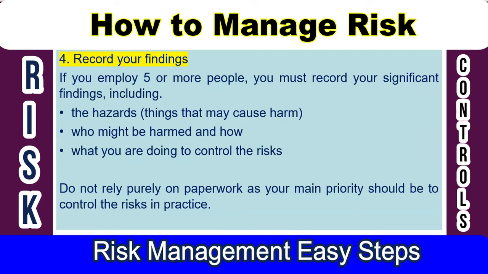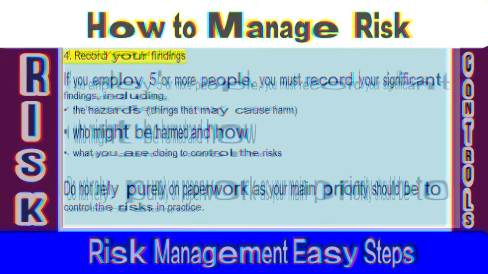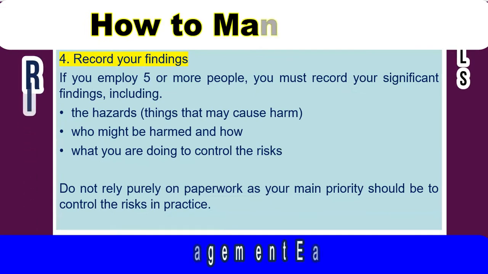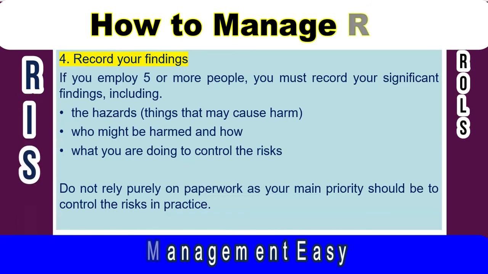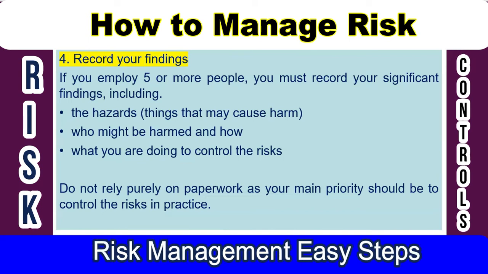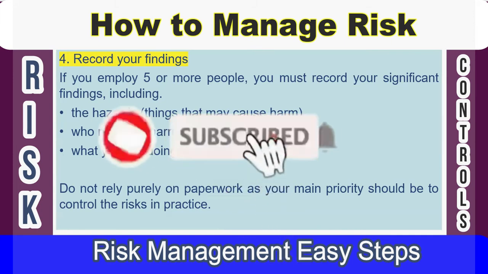risk in practice. For your kind information, all the companies they are preparing a risk assessment, but few of them implementing the risk controls, few of them providing the required resources, and few of them they are trying to control the identified hazards at source and minimize the risk to an acceptable level by putting adequate and suitable control measures as per the preference order of hierarchy of controls.